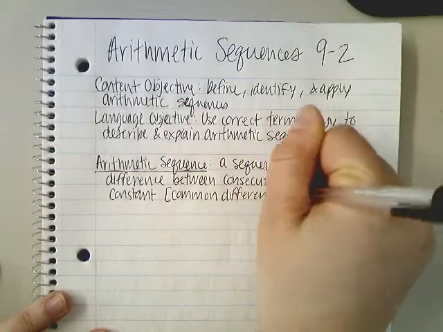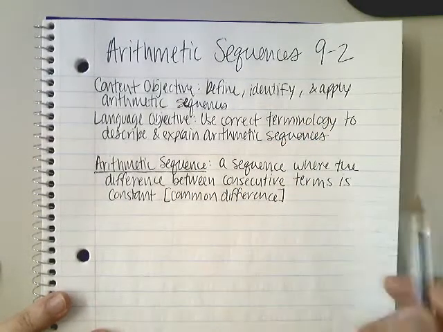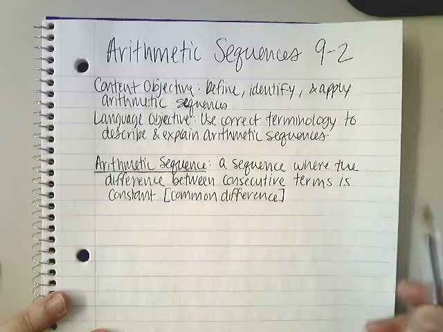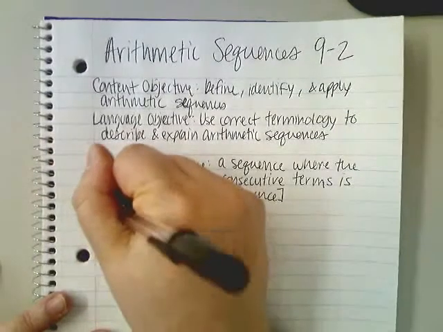So an arithmetic sequence is a sequence where there is a constant difference between consecutive terms, or a common difference between consecutive terms. So what is a common difference?